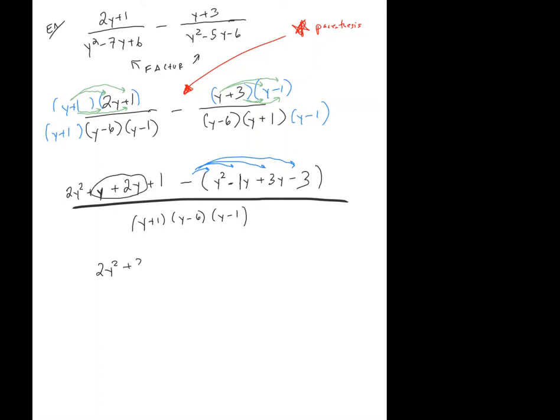That's plus 3y plus 1 minus y squared plus 1y minus 3y plus 3. All right, working the top over to the bottom. Now you can just simplify the top completely.